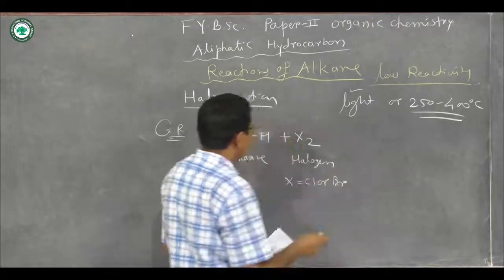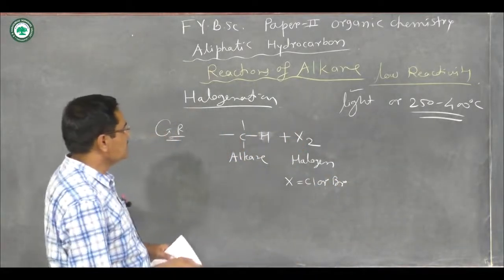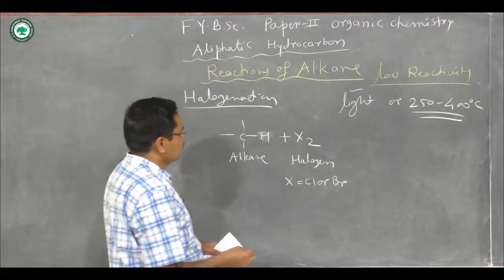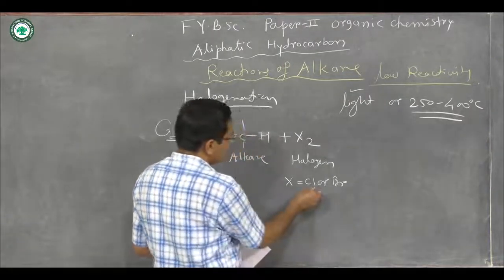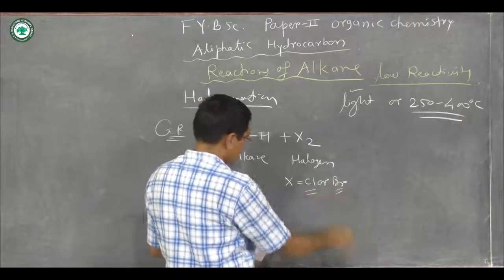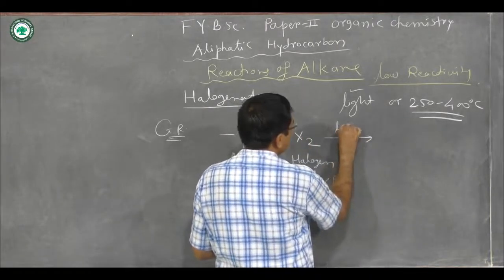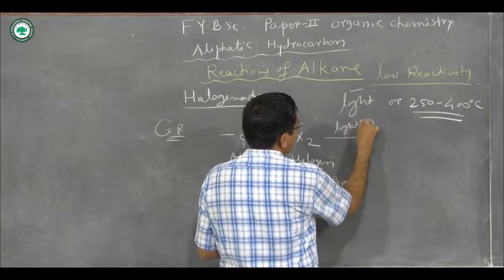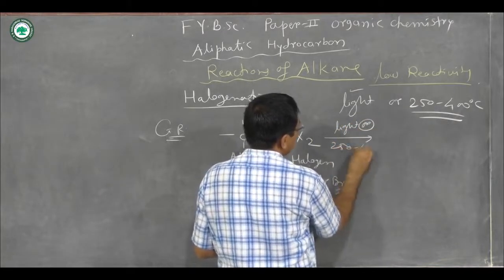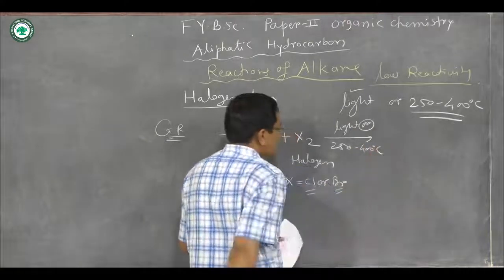When we consider iodine here, the reactivity is very low, so the reaction takes place only with chlorine gas or bromine gas in the presence of light or 250 to 400 degrees Celsius.